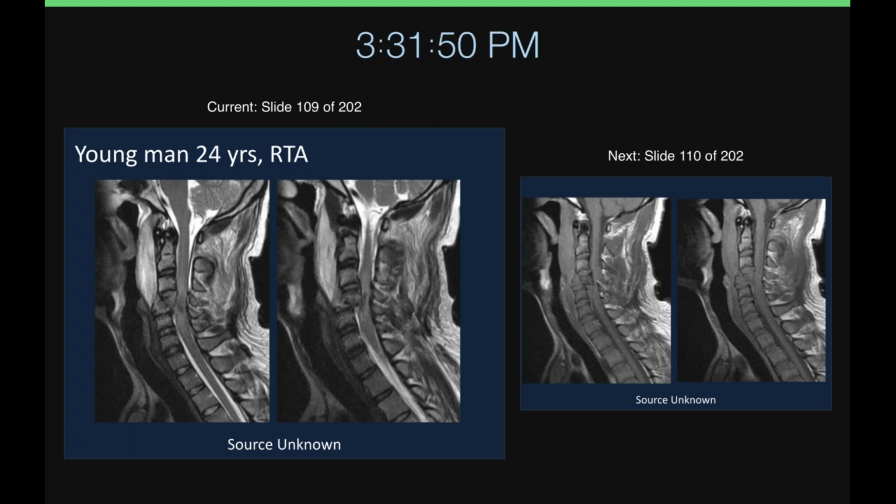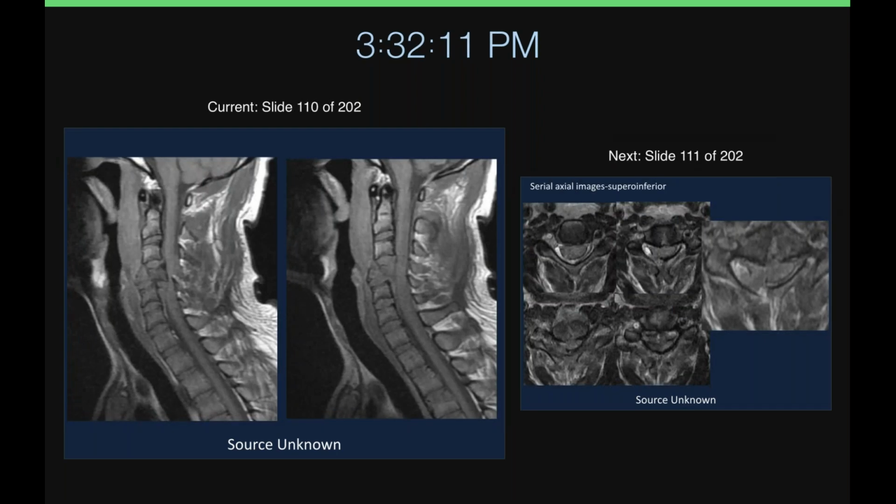It looks like there's posterior retrolesthesis of C4 on C5, pretty significant with edema within the cord. Not certain if it's fractures. Yeah, and a lot of prevertebral posterior soft tissue swelling and hemorrhage. Right.